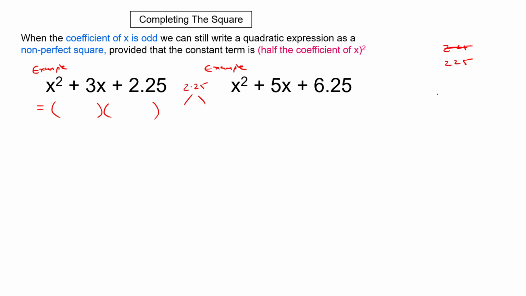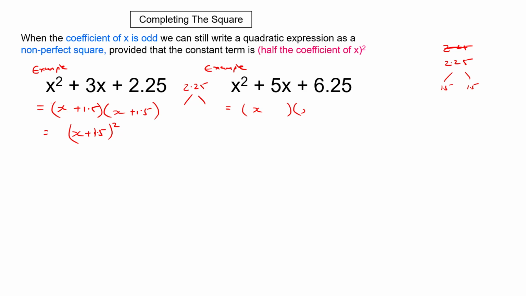What's the square root of 225? 15. So the square root of 2.25 is going to be 1.5. So we've got x plus 1.5 and x plus 1.5 here, which is our perfect square, x plus 1.5 squared.